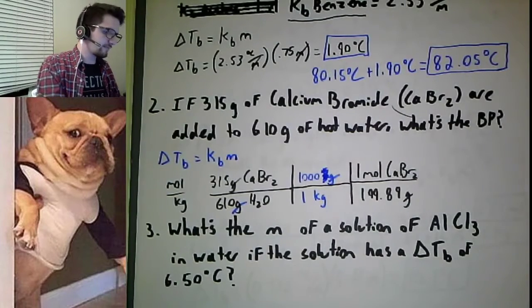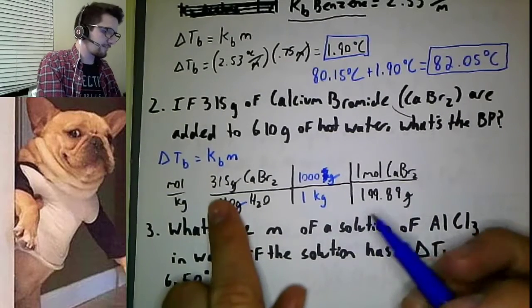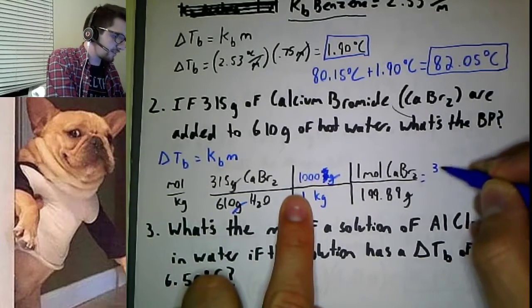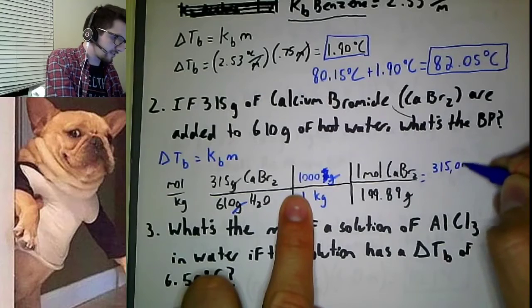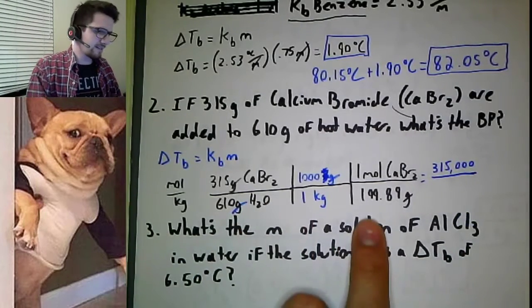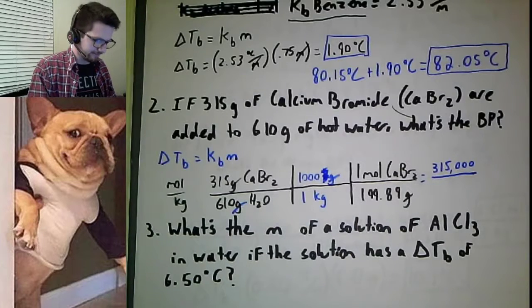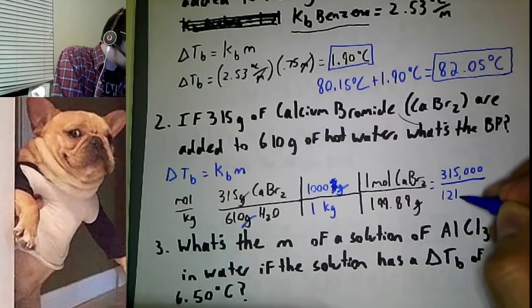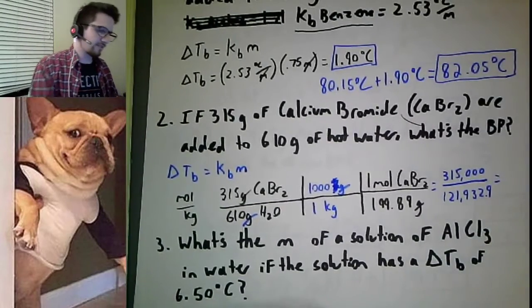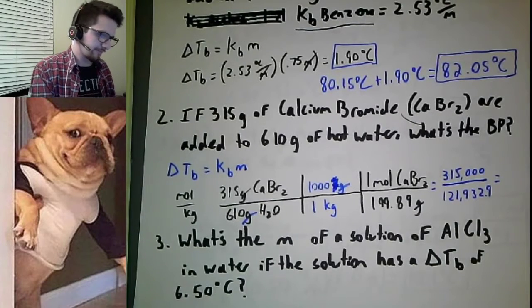So what I'm left with in the top is 315 times 1,000, which gives me 315,000 over 610 times 199.89, which is 121,932.9. Big numbers here.